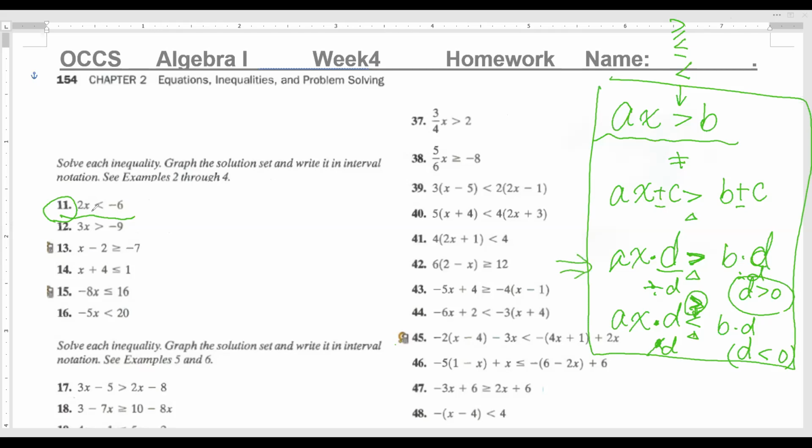Both sides divide by 2. 2 is greater than 0, it's a positive number, so it's not changing. The inequality sign is not changing. So it is transformed into x, because 2x divided by 2 becomes x, right? So the sign was not changing. Negative 6 divided by 2 is negative 3.